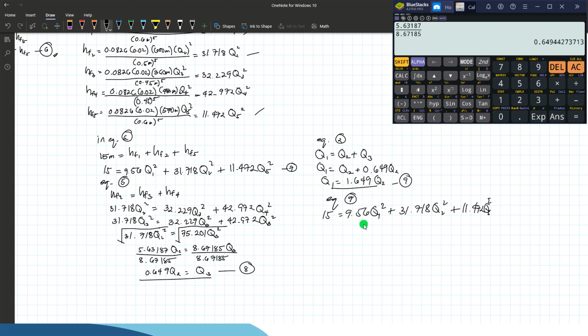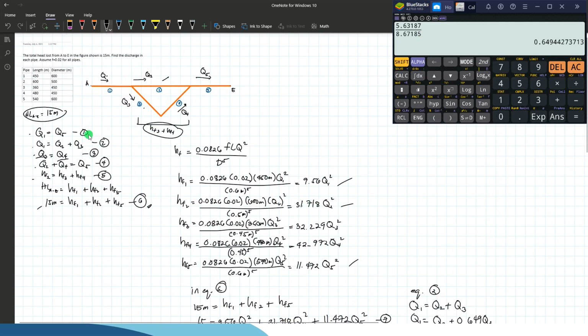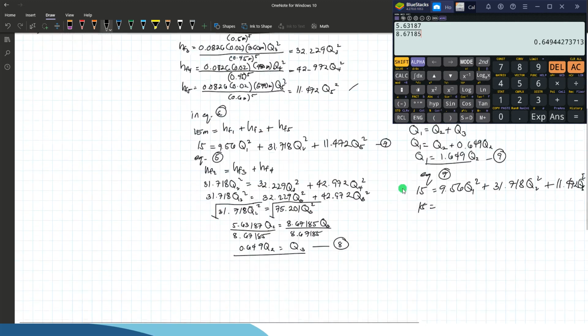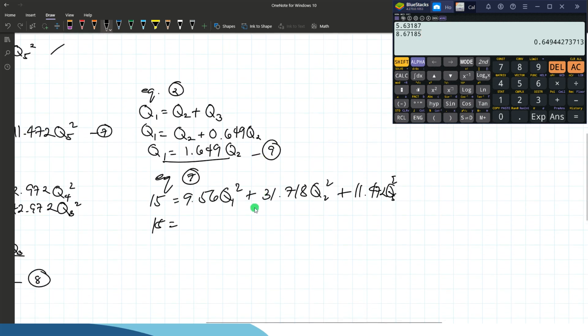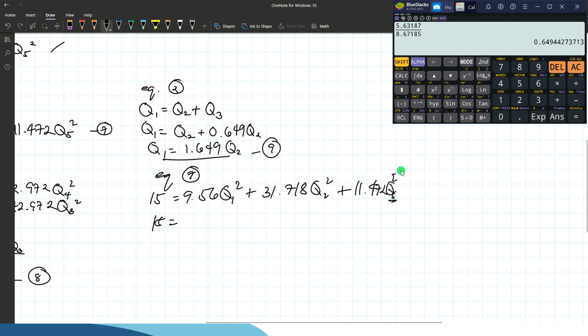But before we substitute that, as referred in equation 1, Q1 is equals to Q5, the discharge at pipe 1 is equals to discharge at pipe 5. So combining like terms, we have 9.56 Q1 squared plus 11.472 Q5 substituted by Q1 because they are equal.